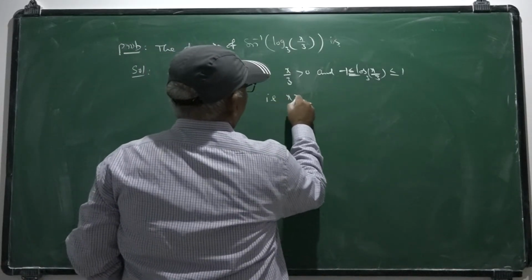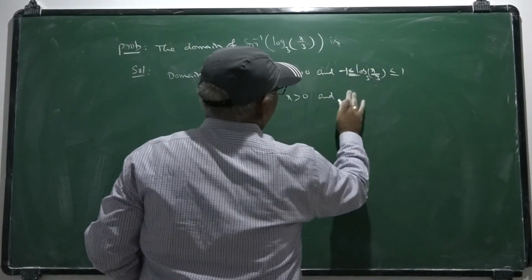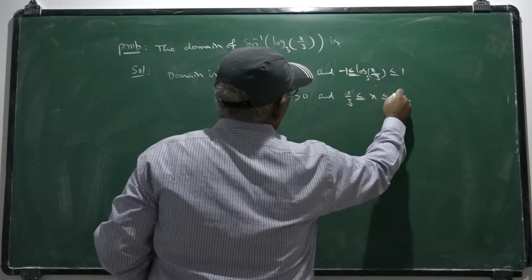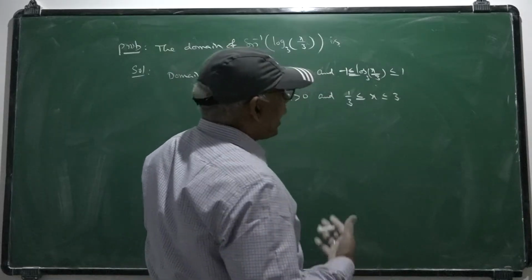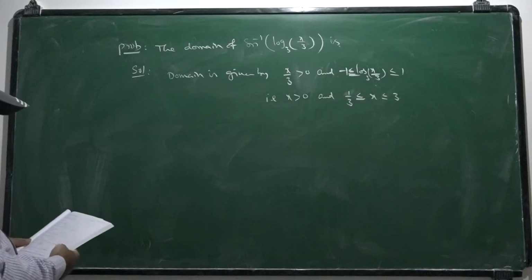So, x must be greater than 0 and 3 power minus 1, that is 1 by 3, is less than or equal to x by 3, which is less than or equal to 3.